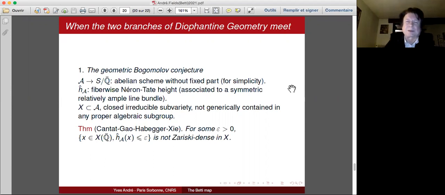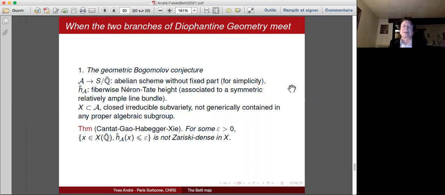So the first situation is the case of the geometric Bogomolov conjecture. It is a kind of relative version of the Bogomolov conjecture, which I recalled at the beginning of the talk. So instead of an abelian variety over Q bar, I consider now an abelian scheme over Q bar without fixed part, for simplicity.